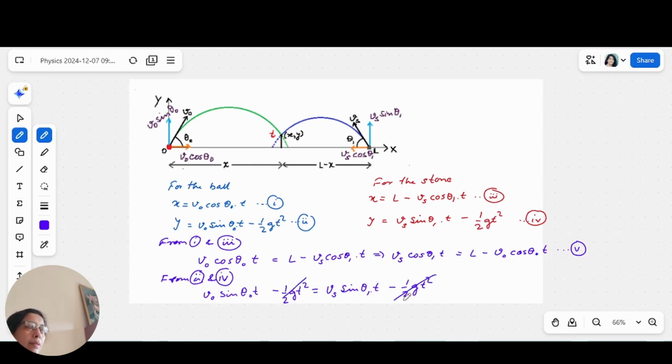So we can cancel out minus half g t square. From here we get V0 sin theta 0 is equal to Vs sin theta 1, or Vs is equal to V0 sin theta 0 by sin theta 1.